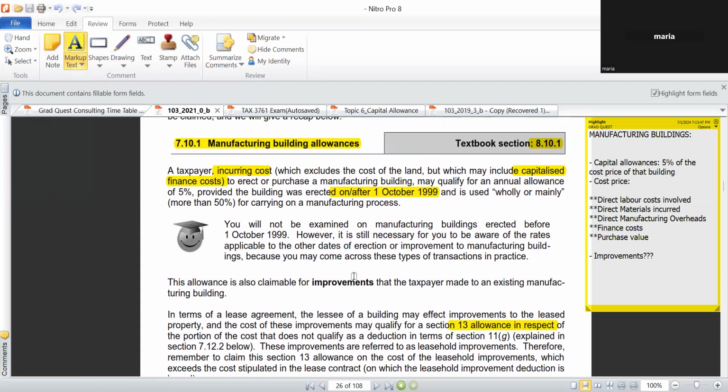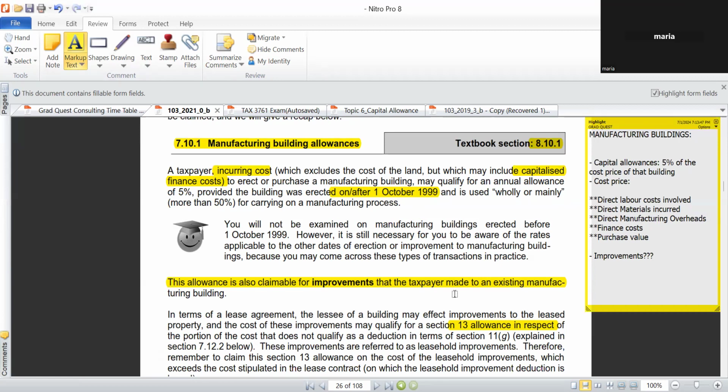Now the question comes, if there are improvements to the property, how do you account for those improvements? It's very important to take note of that.